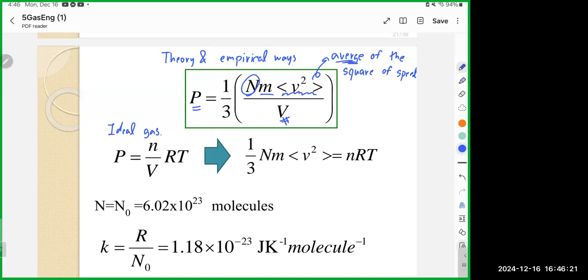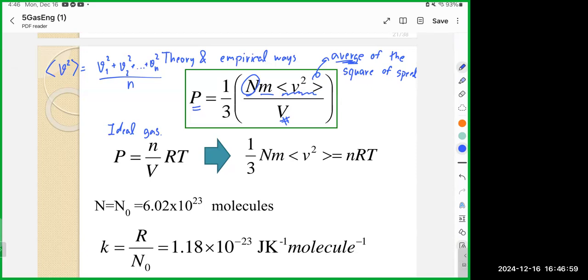So why would we call it average? Because when we consider gas, we don't consider just one atom or one molecule. We consider it like a mole. So we have to find the velocity square of each one, and then divide by the number of total molecules. So you may see that it is impossible to find this value because there is almost an infinite number.